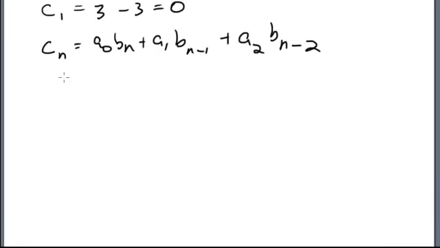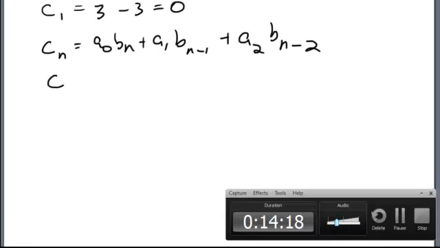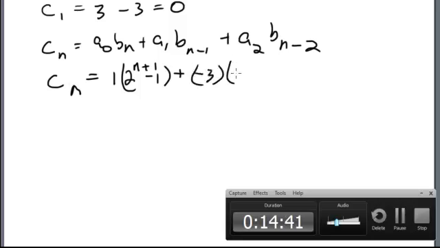So that's going to give us Cn is equal to A0, which is 1, times Bn, which is 2 to the n plus 1 minus 1, plus A1, which is negative 3, times 2 to the n minus 1 plus 1. I'm going to stop right here, and I'll pick up right here next time. Thank you.